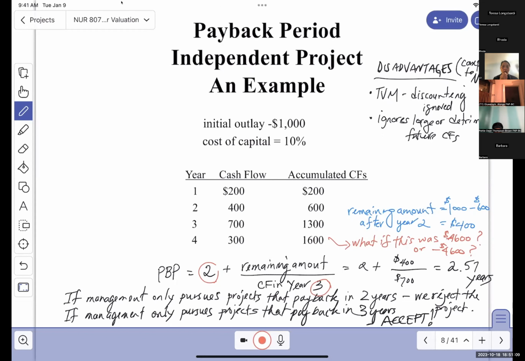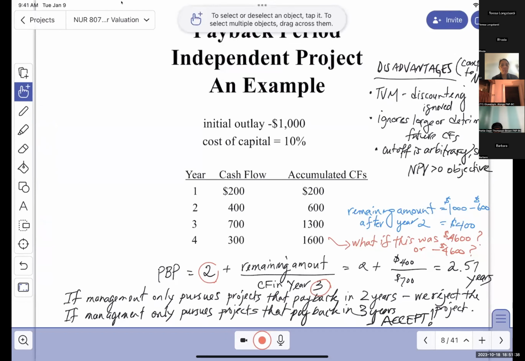Or if they see a really large windfall in the 4th year, they might just change their threshold. So the problem is that the cutoff is arbitrary. It's not like NPV positive as a rule. It's arbitrary and subjective. That's the problem.